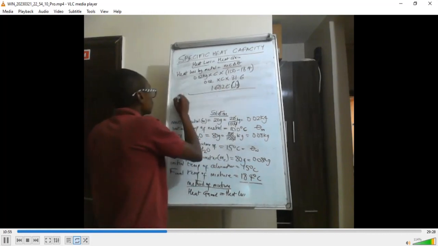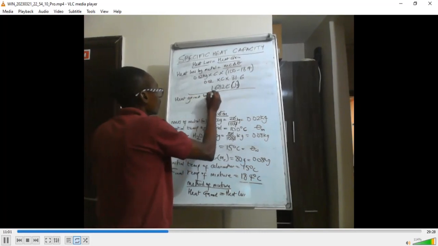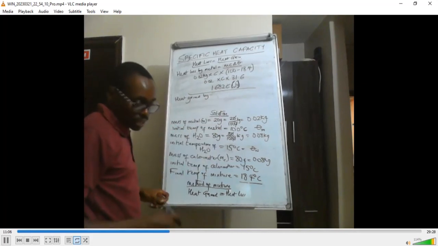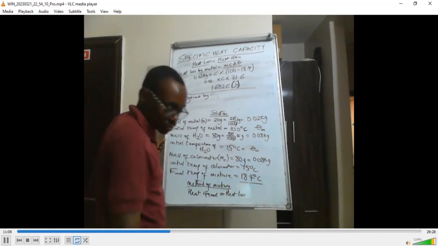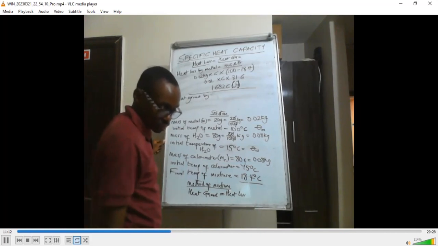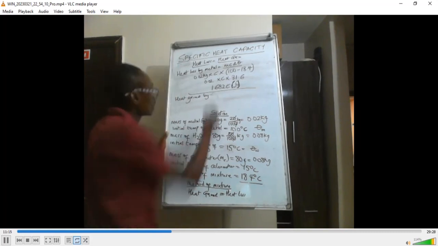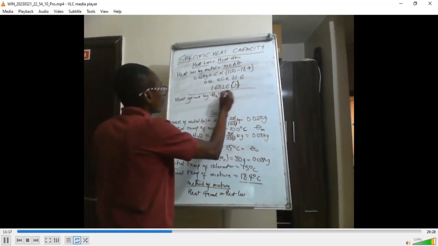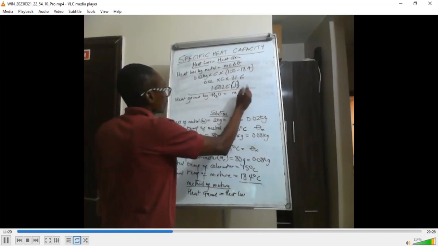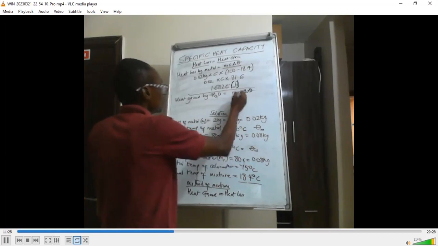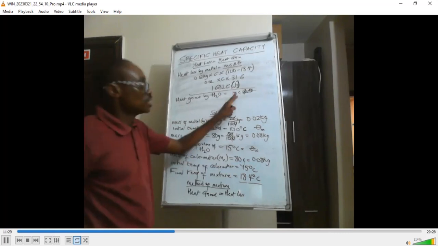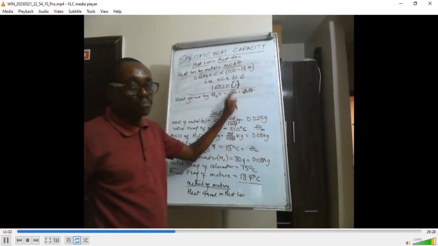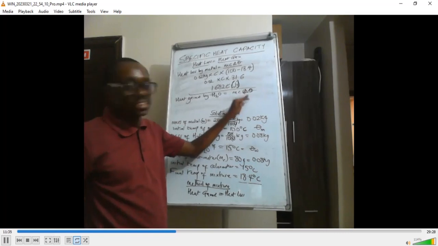So heat gained by water is given by the same formula, m c delta theta: mass times specific heat capacity times the change in temperature.